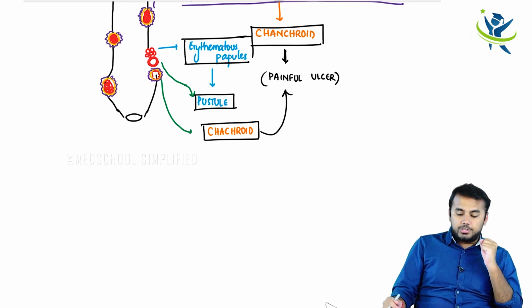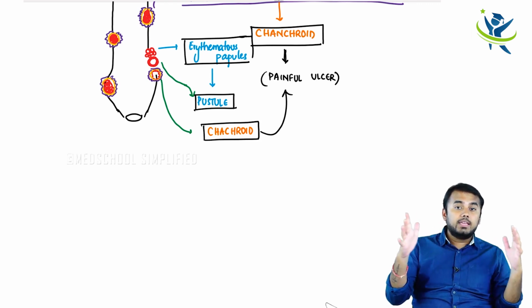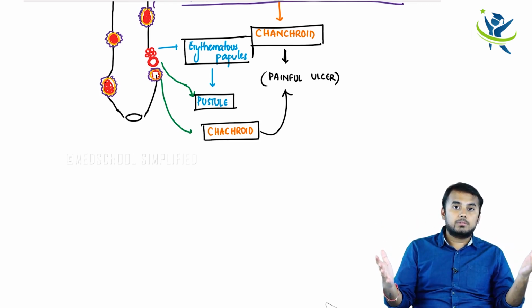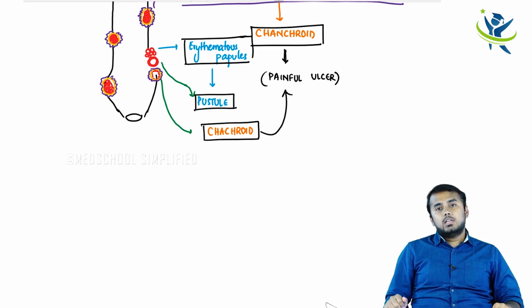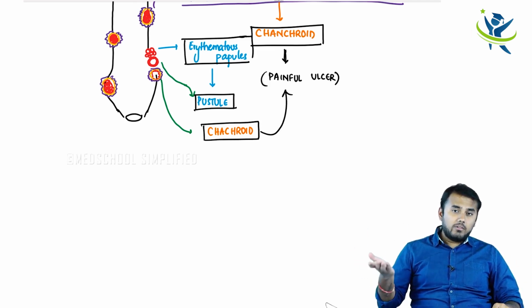Now, in these patients, one very important thing to keep in mind is that they will not have any kind of systemic symptoms. Systemic symptoms are, for example, if a man has herpes, he will have fever, nausea and other symptoms along with the herpes rash over his body.